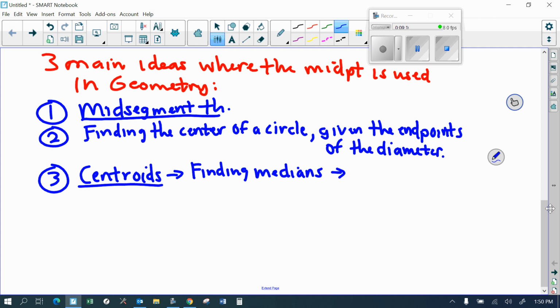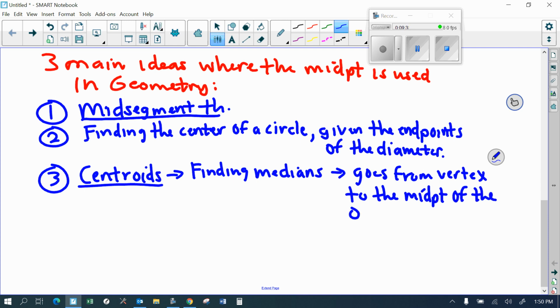And that deals with going from a vertex to the midpoint of the opposite side. So there you see where it says midpoint in here. So when I'm given the opposite side, if I'm given the endpoints of the opposite side in the coordinate plane, I would have to find the midpoint, for example.